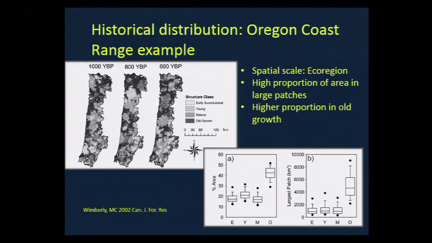And what he found here was just from a single model run. This is an illustration just to give you a handle on the pattern of the different structure classes. And the thing that immediately jumps out to me is the preponderance of large patches on the landscape.